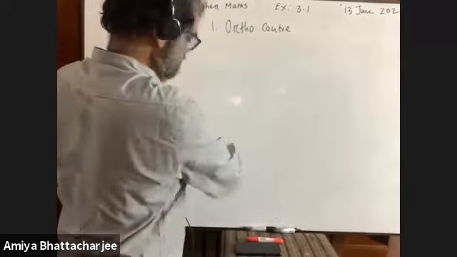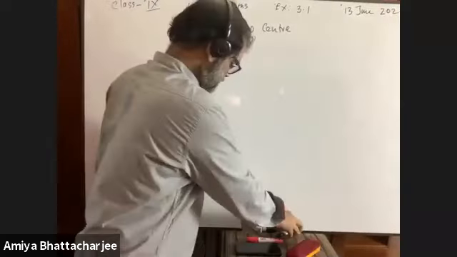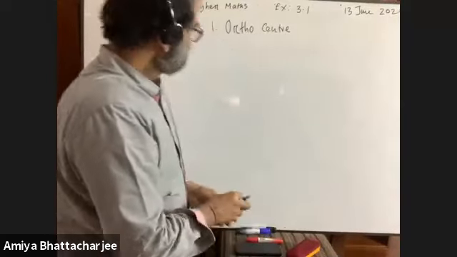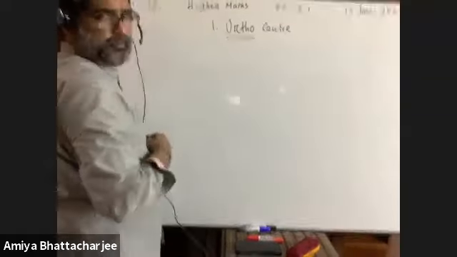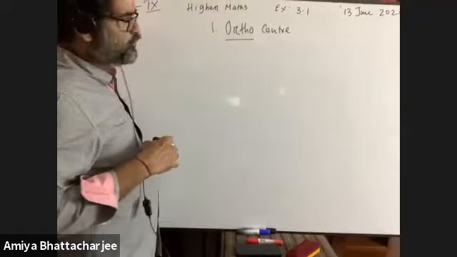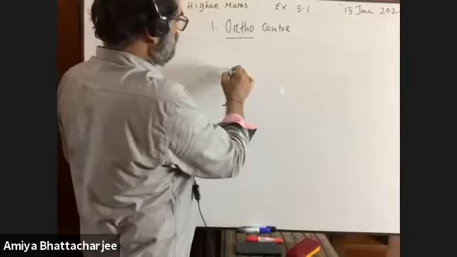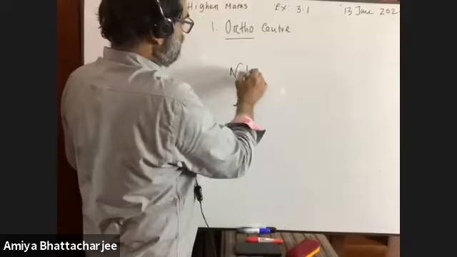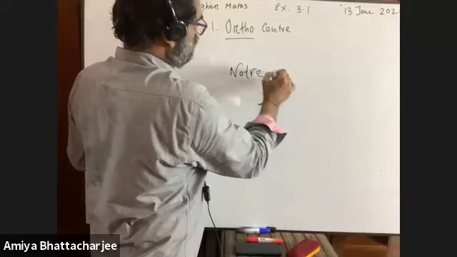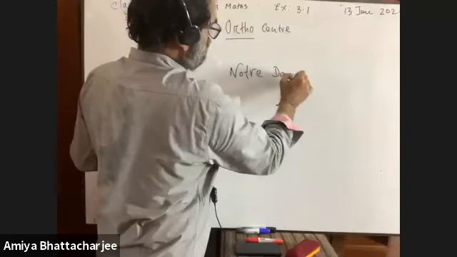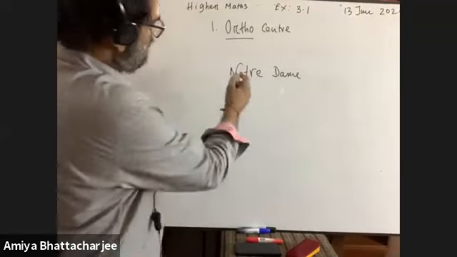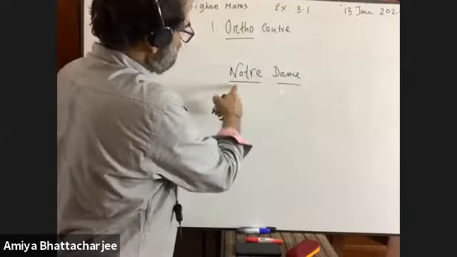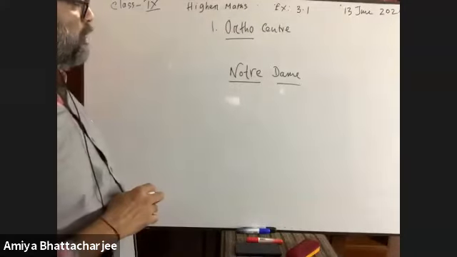There is another thing, if you don't mind, I can tell you: it is ortho. We know the word Notre Dame. Do you know Notre Dame? Yes, sir. Actually, Notre Dame, this word came from Notho.